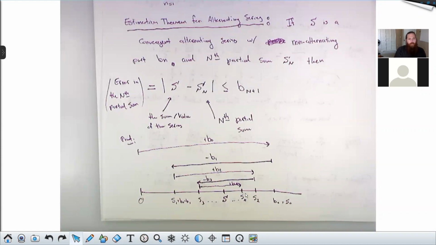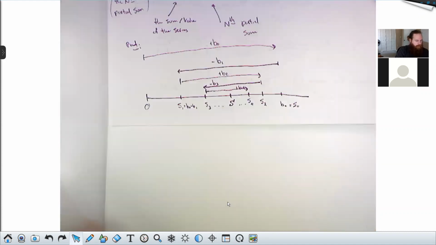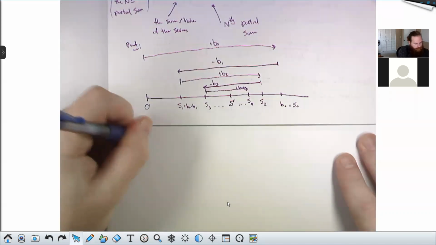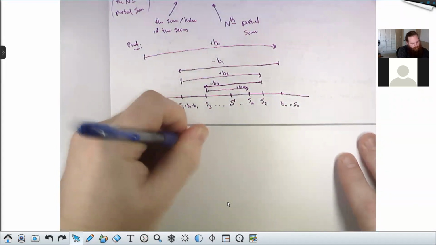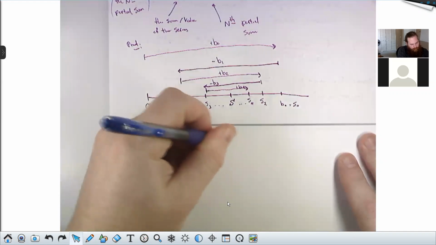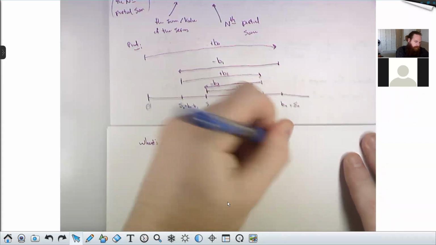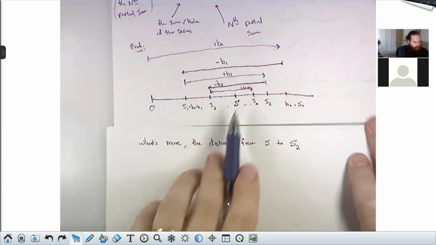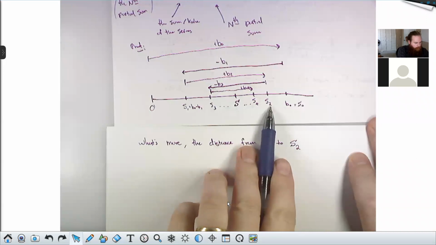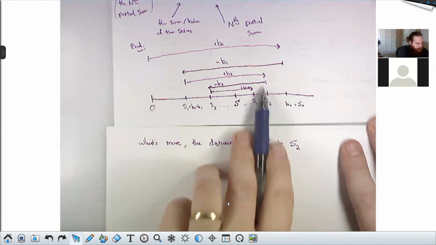What's more, if you look at the distance from S to any of its particular partial sums, the distance from S to, let's say, S2, so here's the distance from S to S2, that has to be smaller than B3.